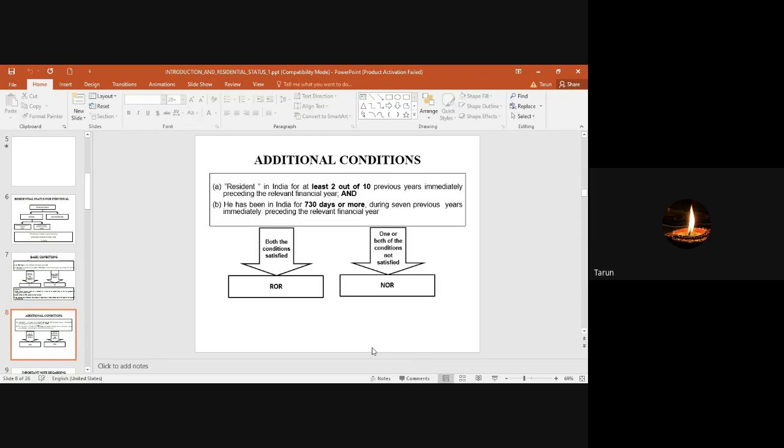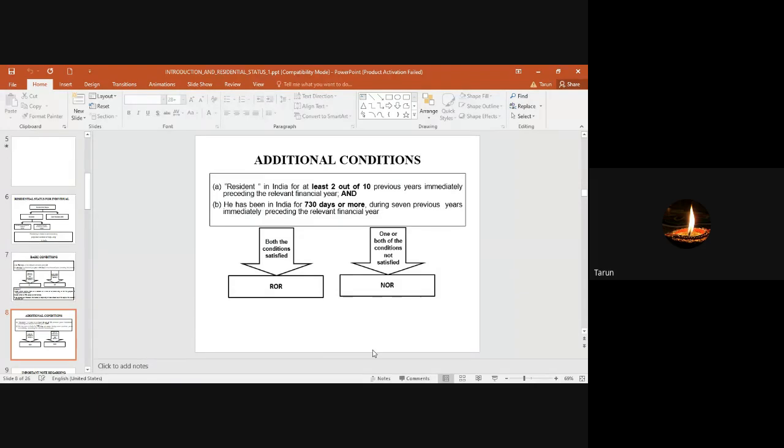So what are these two conditions? First you have to satisfy the basic conditions. Once you satisfy the basic condition, you will get to know whether you are a resident or non-resident. After satisfying the basic condition, in order to know whether you are an ordinary resident or not ordinary resident, these two additional conditions also have to be satisfied.